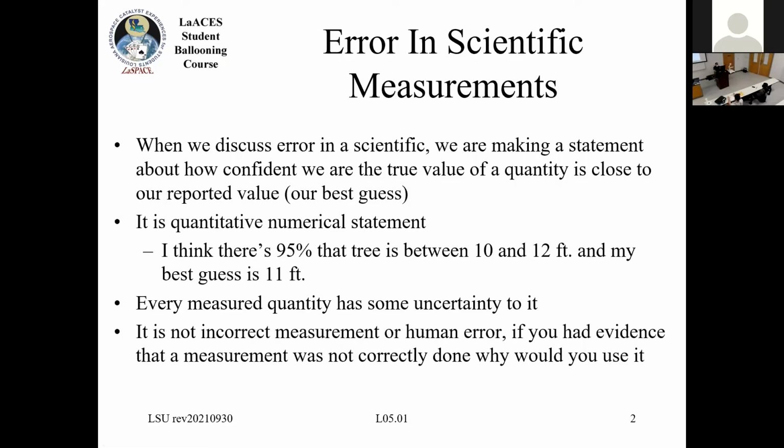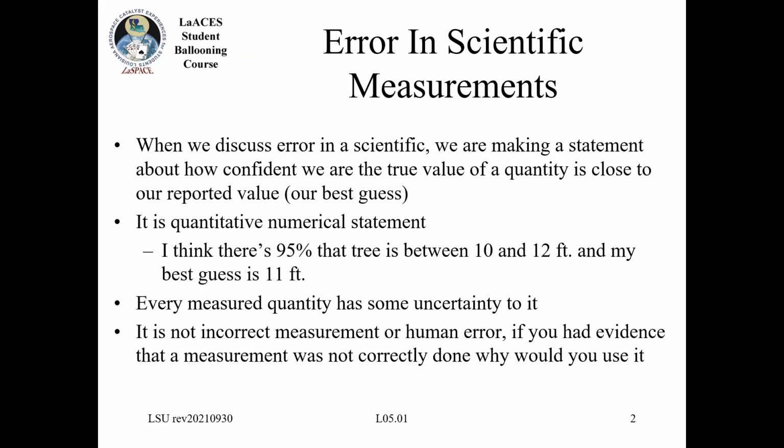So one thing we want to be clear about is, what do we mean when we talk about error? When we say, the error on this measurement is XYZ, right? When we talk about error in scientific measurements, what we're actually doing is making a quantitative statement about what the accuracy of our measurement is.